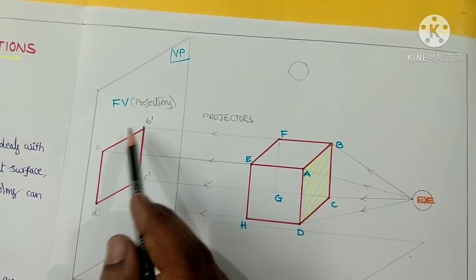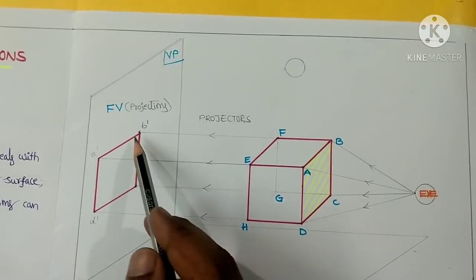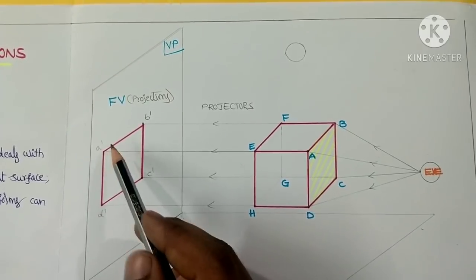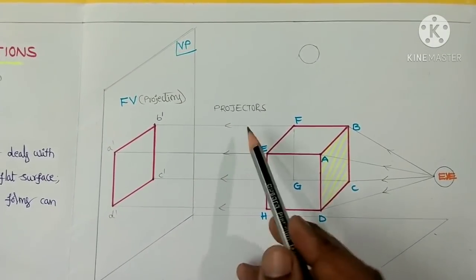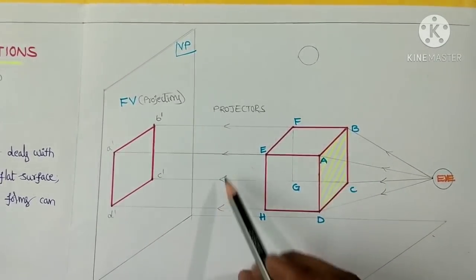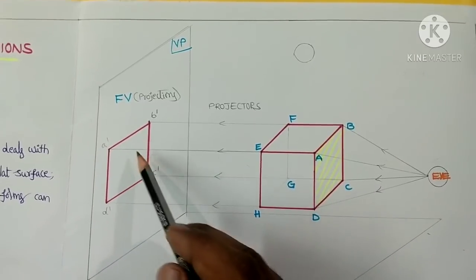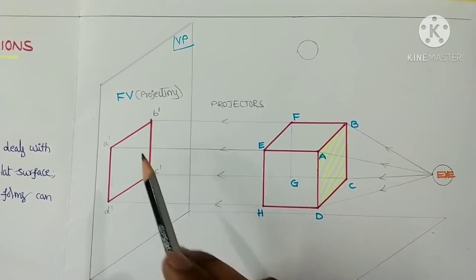Then we get the points on that plane, and join them in correct sequence so that we get the final view, that is called projection. And these lines are called projectors. The condition when the projectors are parallel to each other and perpendicular to the principal plane, the obtained projection is called orthographic projection. That is the definition of orthographic projection.